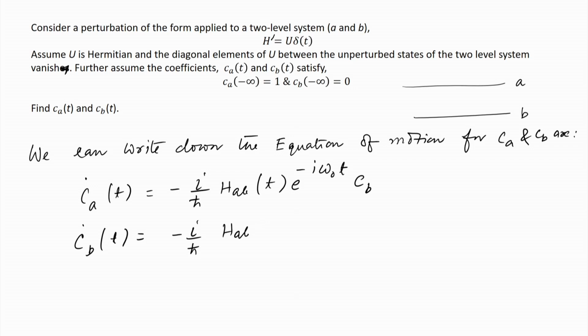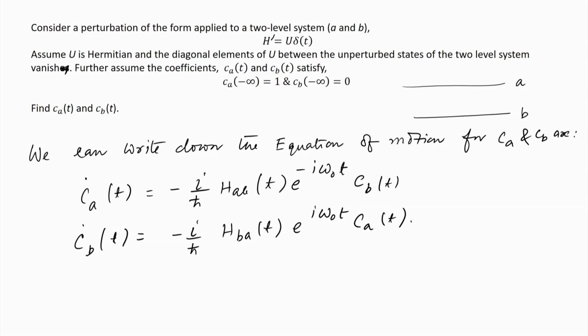So, I should write it with h b a of t, and since it is Hermitian, these are going to be the same, and this is equal to exponential i omega t C A. These are functions of t.